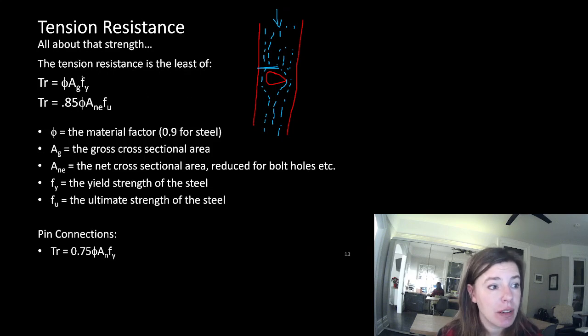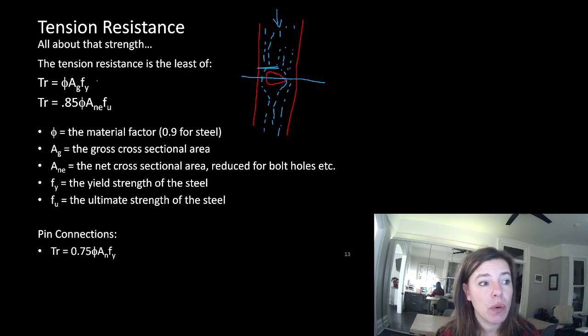Because you can imagine if this equation is about the force being applied and the resistance of the steel and the cross-sectional area of the element, well, right here we've got less area. But because of this ability for the stress to flow around an opening, we use Fu instead of Fy.